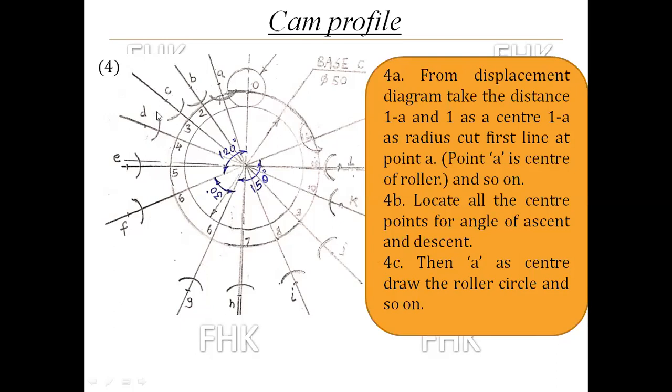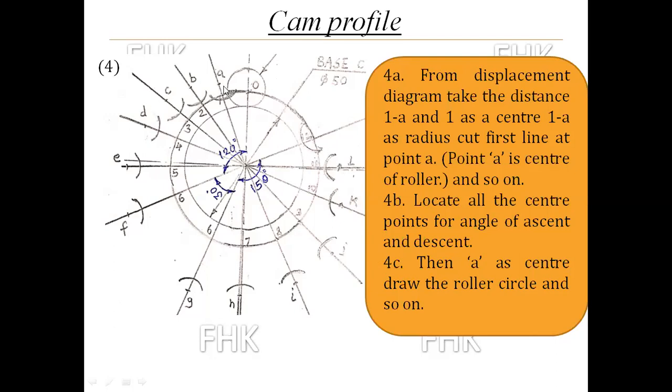You are marking here the points which are centers of the roller, not the tangency points. I am repeating again and again, so understand that point clearly. Then from the displacement diagram, take the distance 4d and with 4 as a center, cut the fourth line at point D. So D is the center of the roller. Likewise, you have to mark all the centers: E, F, then from the return stroke G, H, I, J, K, L, and last one M.